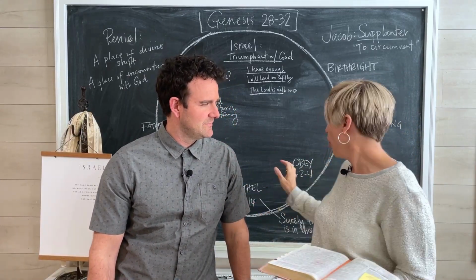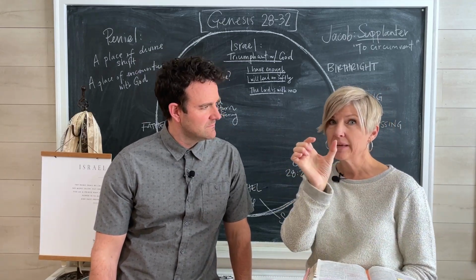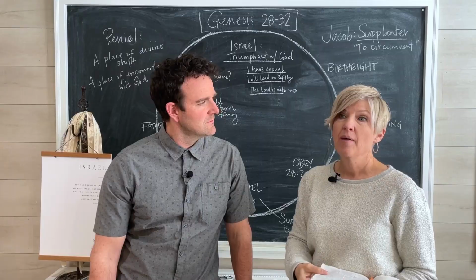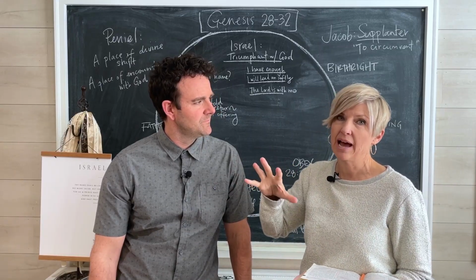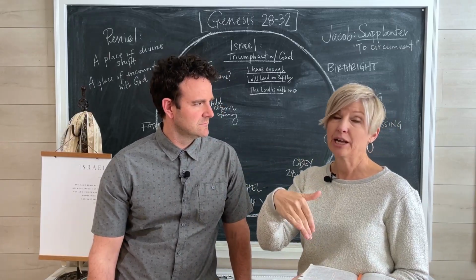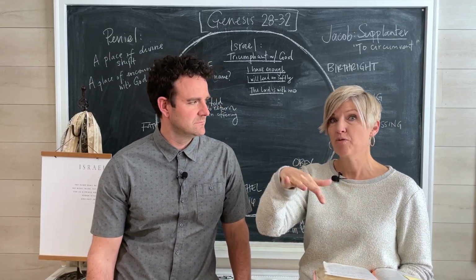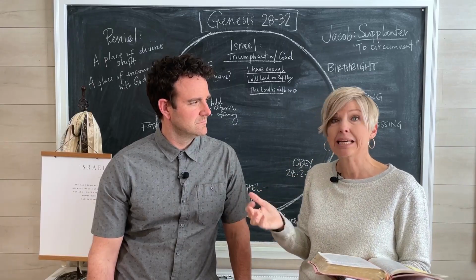Anything on the line of the circle, which you're going to see a couple of times, are the moments where you're going to feel a little bit of that wrestle, of God trying to invite Jacob into doing life with Him, and Jacob still wrestling with doing things his own way.